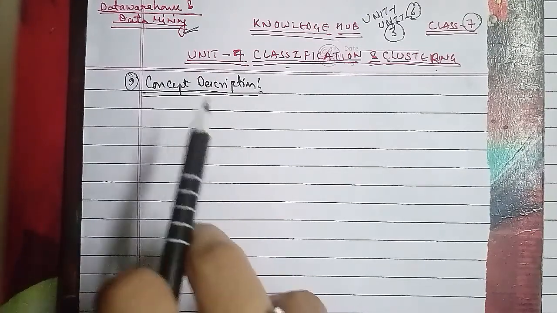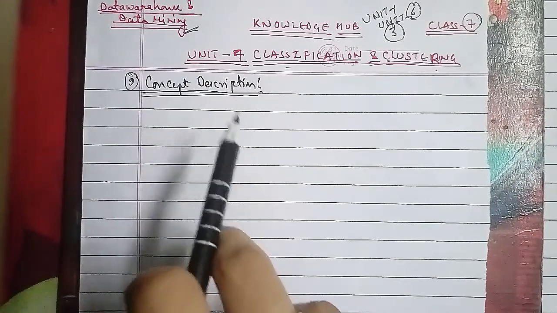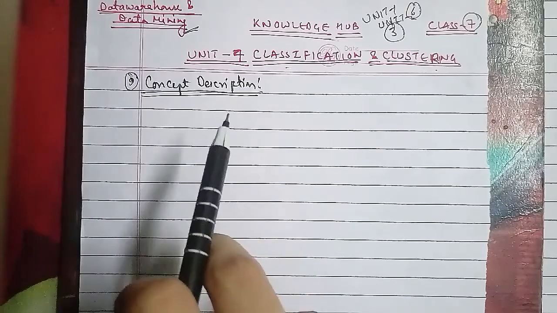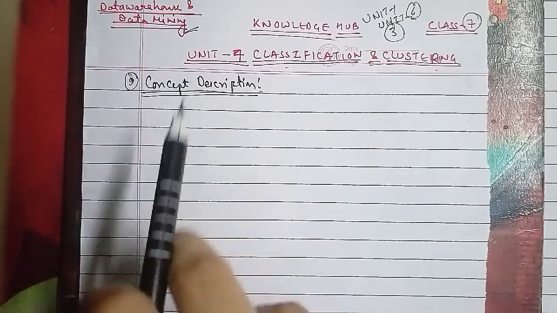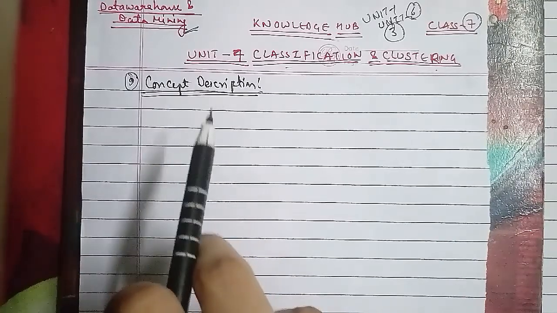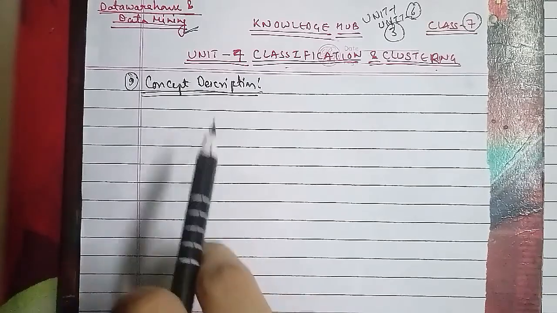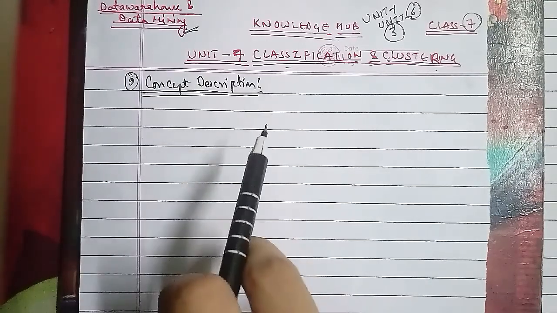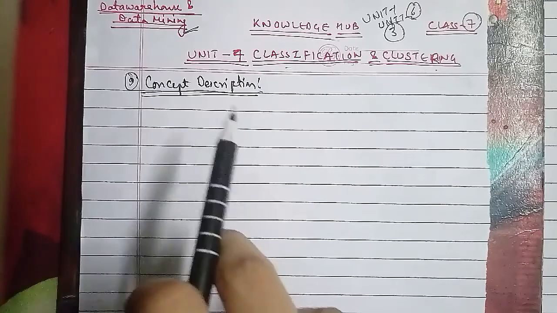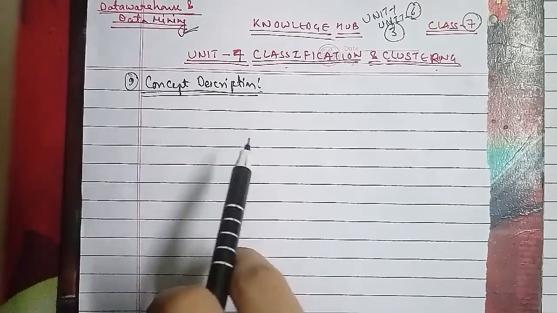These descriptions can be derived with the help of data characterization. Data characterization is the summarization of the general characteristics or features of a target class of data, and the data related to a particular user defined class is generally retrieved by a data query. The output of the data characterization can be presented in various forms like bar charts, curves, pie charts, and line graphs, etc.